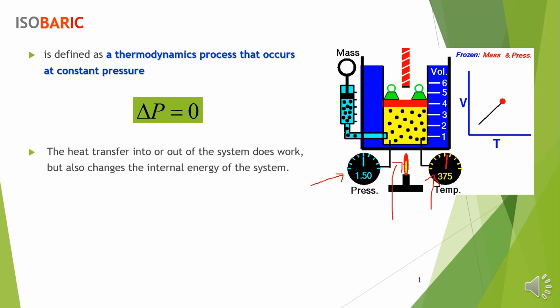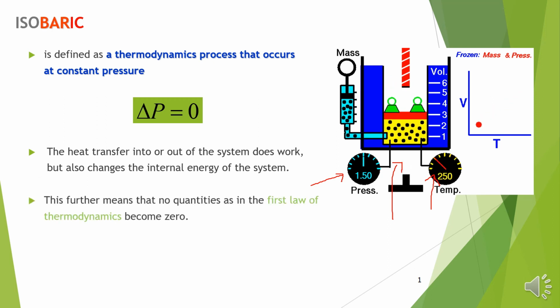The heat transfer into or out of the system does work, but also changes the internal energy of the system. This further means that no quantity in the first law of thermodynamics becomes zero.